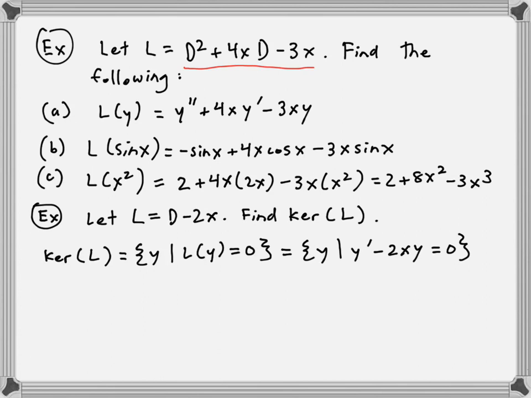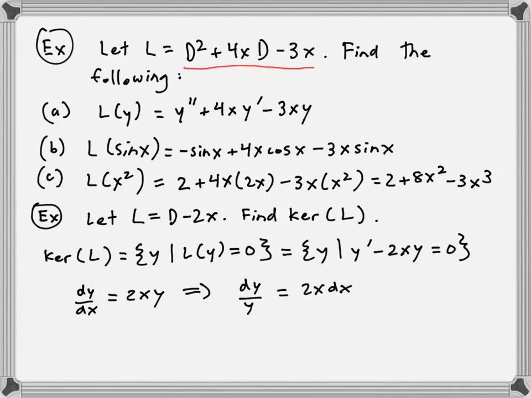Okay? So in other words, we want y prime minus 2xy to equal 0, so we need to go ahead and solve that, right? But what does that mean? That means that dy dx is equal to 2xy. And this is a separable differential equation, so can't I write it this way? dy over y is equal to 2x dx.